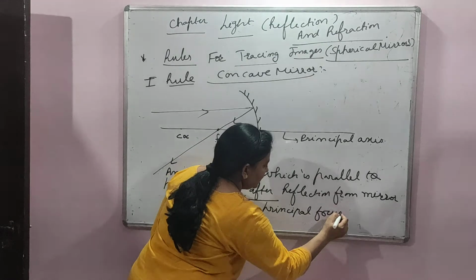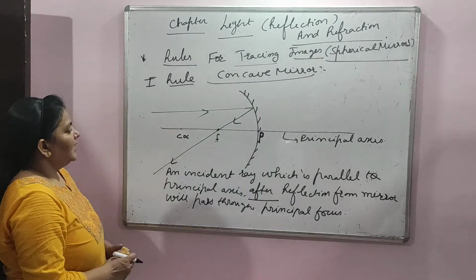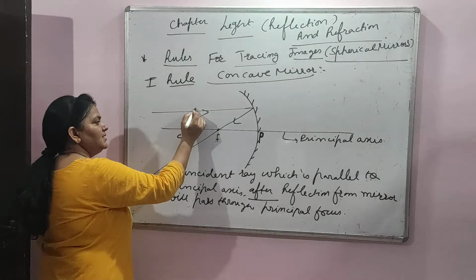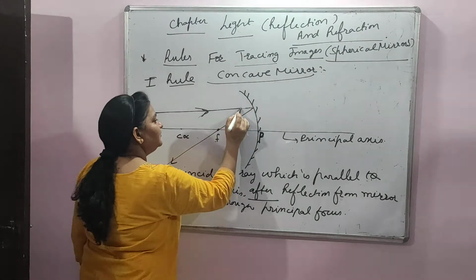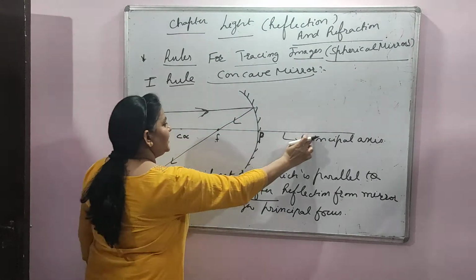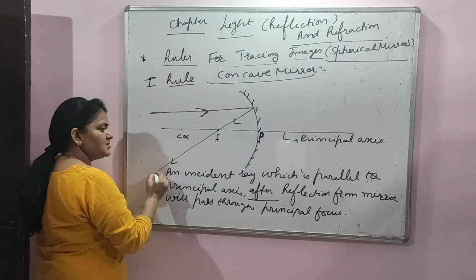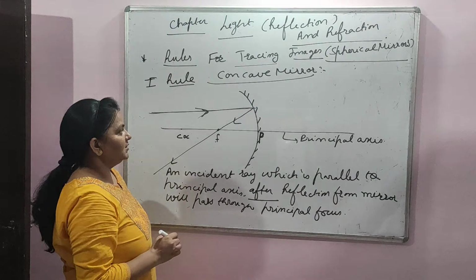I hope I am clear to you people. Here I have traced an incident ray. See, this one is an incident ray. This is parallel to the principal axis of a spherical mirror. So after reflection, it passes through the principal focus.